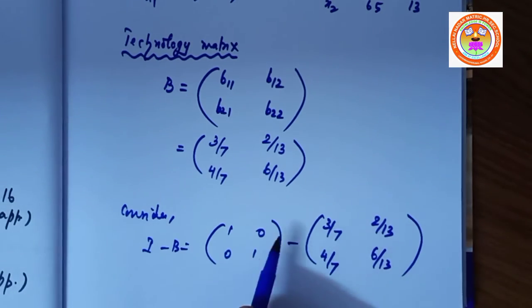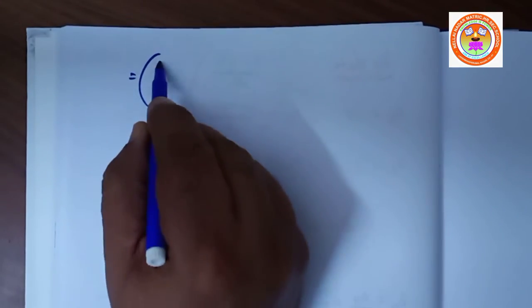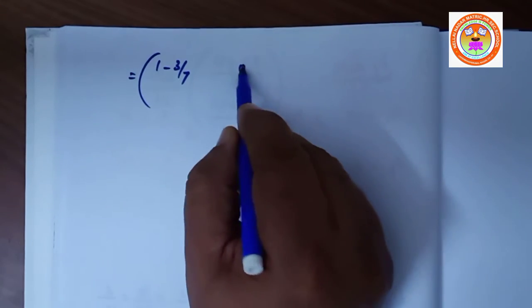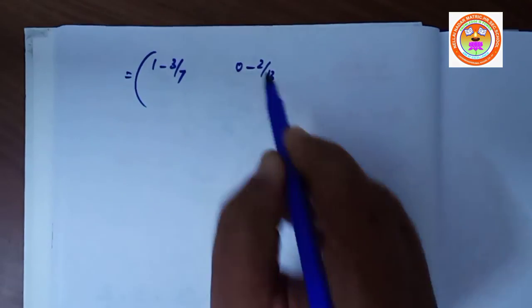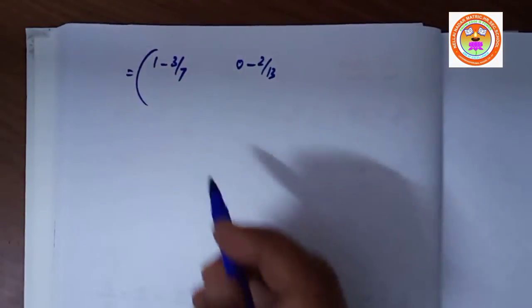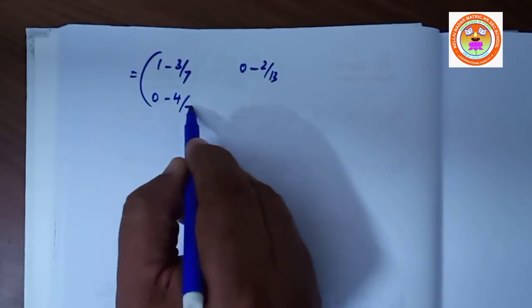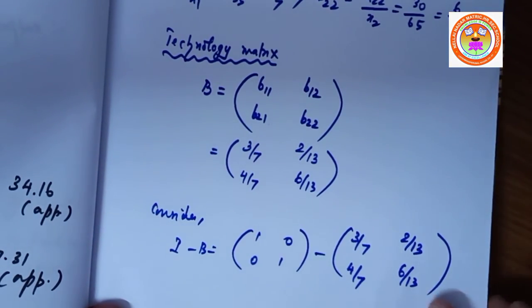Then you have to subtract. Matrix subtraction, you know very well, the corresponding elements are to be subtracted. 1 minus 3 by 7, 0 minus 2 by 13. Then next, 0 minus 4 by 7, and finally 1 minus 6 by 13.